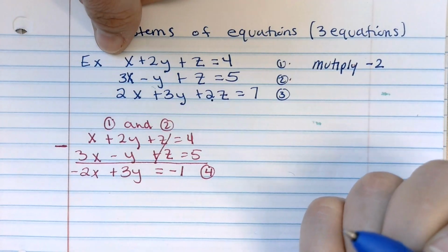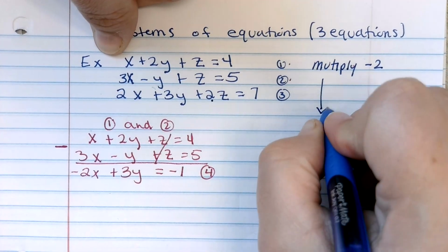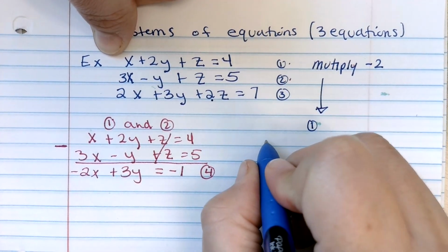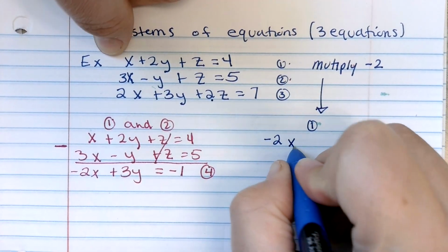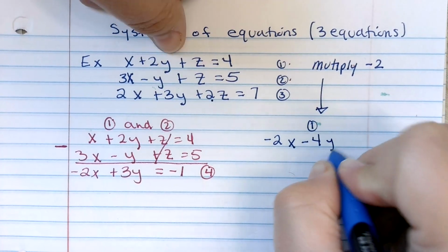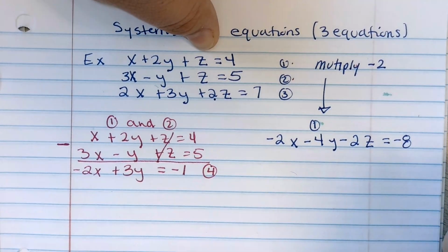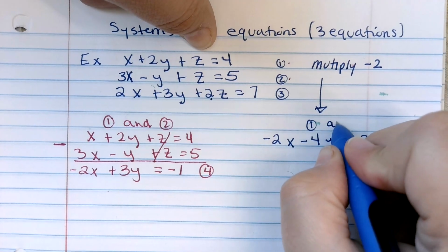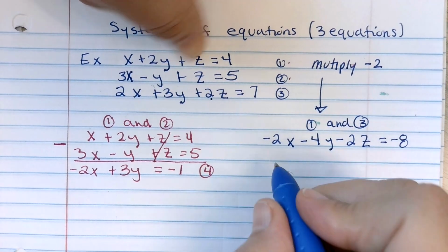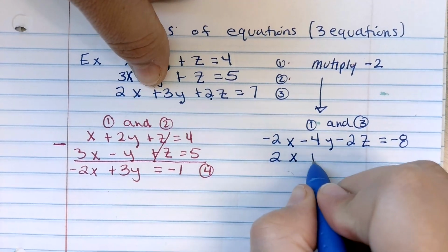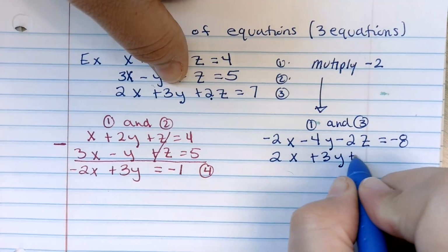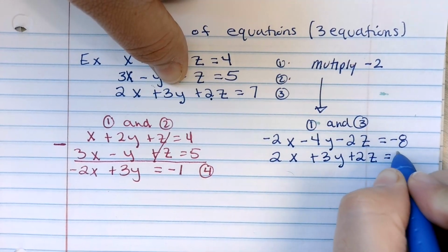So everything in equation 1 multiplied by -2. That's -2x minus 4y minus 2z equals -8. Every single thing. And we're going to use equation 3. So that is 2x plus 3y plus 2z equals 7.